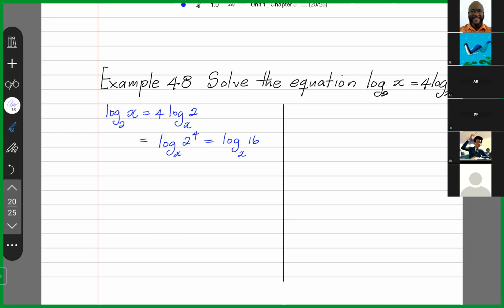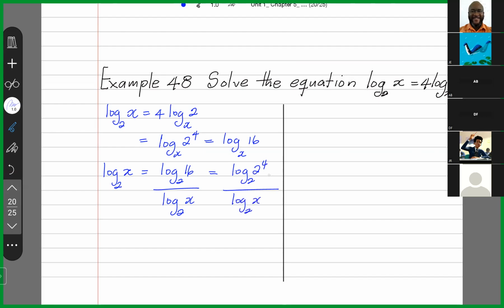So log to the base 2 of x, left-hand side, is equal to, using our change of base formula, log to the base 2 of 16 over log to the base 2 of x. Now, 16 is the same as saying 2 to the 4. So this is the same as saying log to the base 2 of 2 to the 4 over log to the base 2 of x.